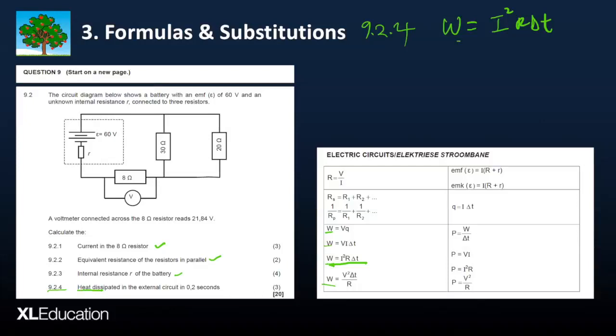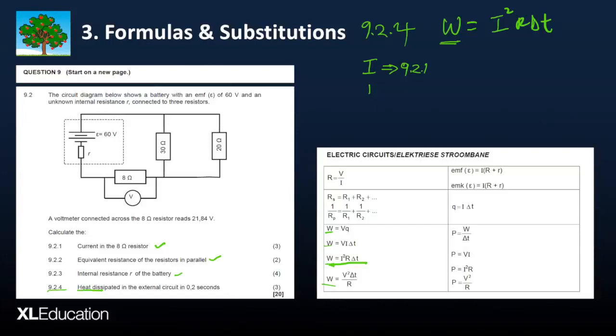Why did I choose this formula? This is how I choose it. I want to calculate heat, which is W, work done by the rest of the circuit. Current: I calculated the current in 9.2.1, so I know the value of the current from 9.2.1. Let me just guide you by this. That is the current that you've calculated from 9.2.1.